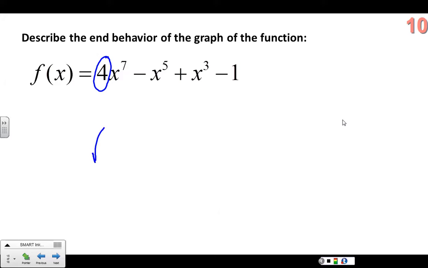The end behavior will be, on the left side it will go down, and all this stuff happening in between, but on the other side, it'll go up. Now, had that been negative 4, it would be opposite. It would have gone up on the left side and down on the right. This is because your power is odd also.